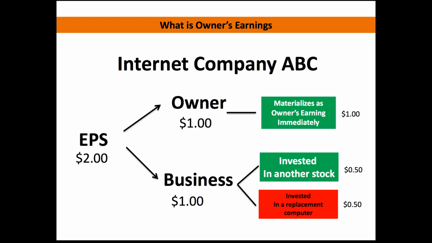So this is our difference. When you see those two greens, that's the owner's earnings. That's what Warren Buffett is referring to whenever he says owner's earnings. The 50 cents that comes off, you could maybe call that the company's earnings because that's not something that you actually saw materialize.